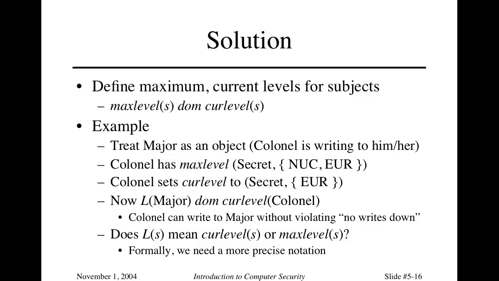When we provided the first example of security labeling, I explicitly mentioned that one subject has only one security label. Here we need to think about something different. A subject may have multiple security levels: one is the maximum level, and one is the current level. Usually the max level should dominate the current level.